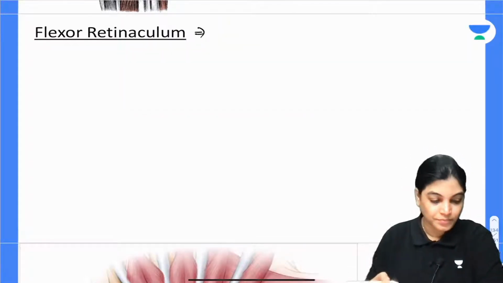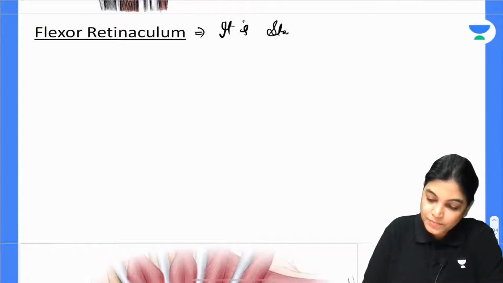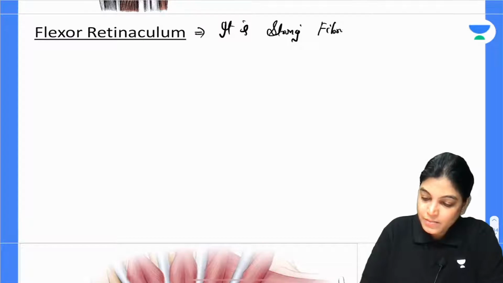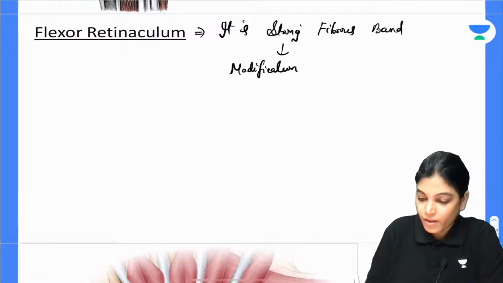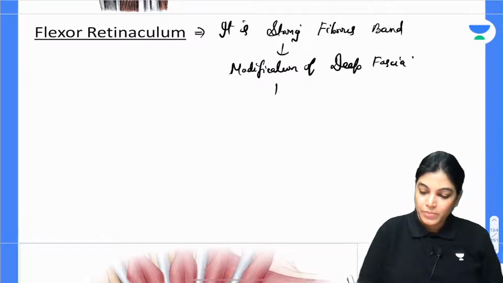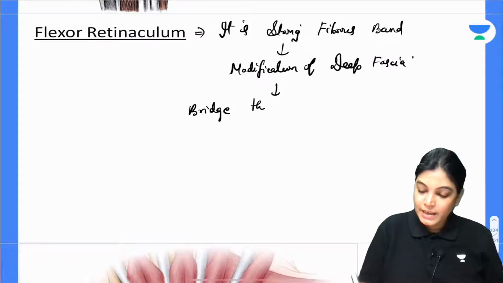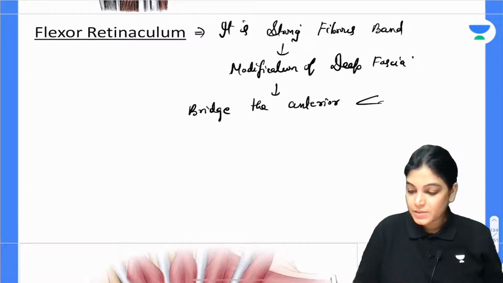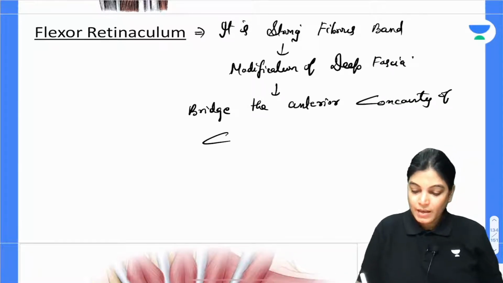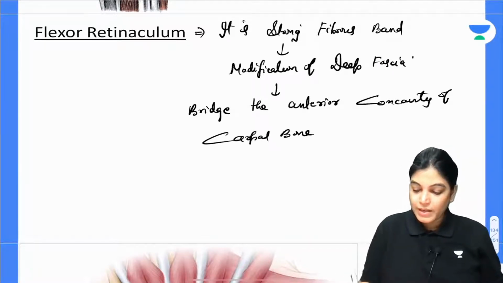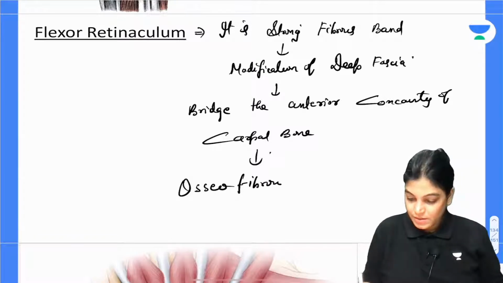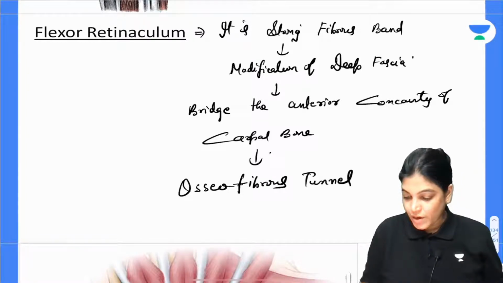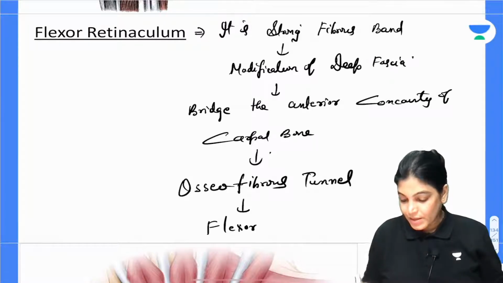Flexor Retinaculum, it is a strong fibrous band, a modification of deep fascia, bridging the anterior concavity of the carpal bones and converting it into an osteofibrous tunnel, and through this osteofibrous tunnel the flexor tendons traverse.